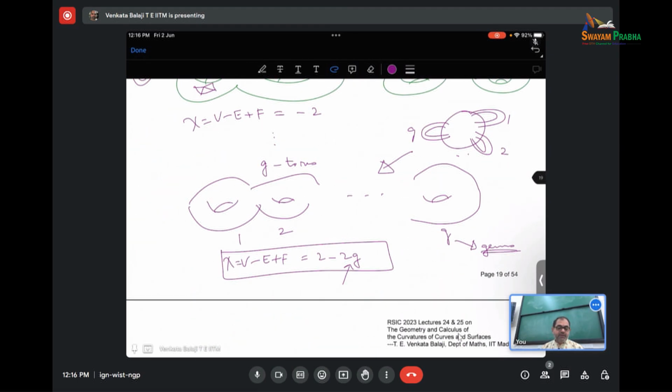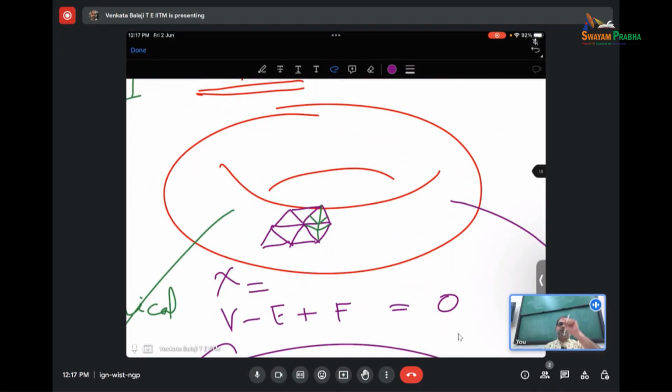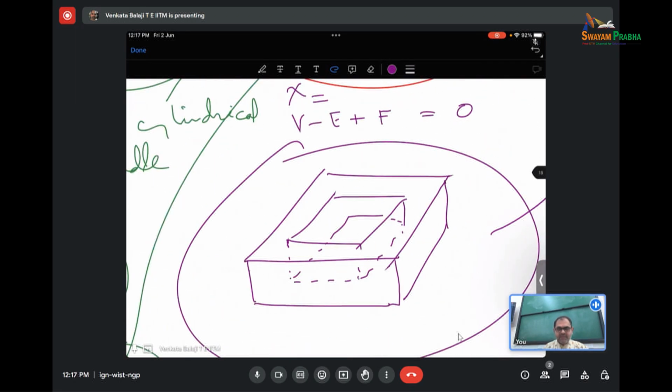Now, there's something going on here, and it is purely a topological thing. What you must understand is that there is no real differential geometry here. Whether you do it for a torus, which looks very smooth, on which you can draw curves and talk about curvature, it also works with this thing which is not at all smooth.